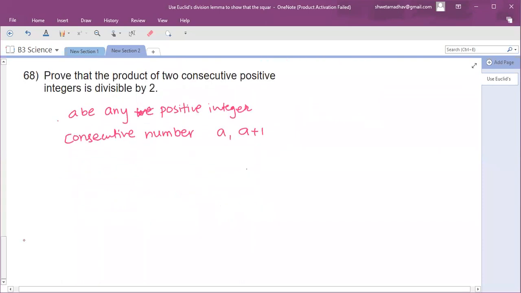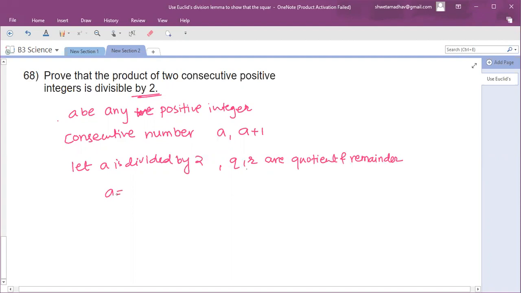Now let A be divided by 2, because we have to show divisibility by 2. Q and R are the quotient and remainder. So A is equal to 2Q or 2Q plus 1, the possibilities, because R is equal to 0 or 1.